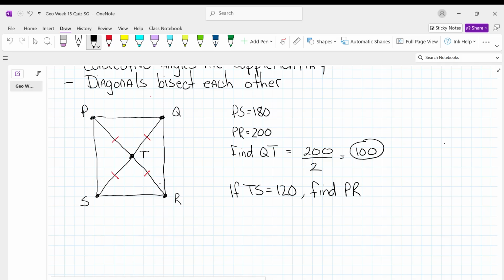And we need P to R. So if T to S is 120, then T to Q is also 120, right? If this is 120, this piece is 120. And aren't they all 120? So if all of those half pieces of diagonals are 120, then P to R is equal to 120 times 2, which is 240.